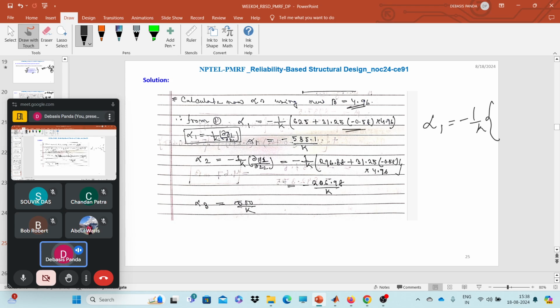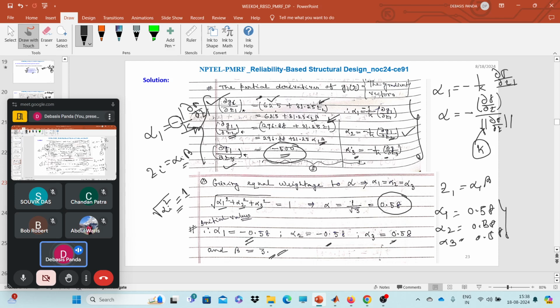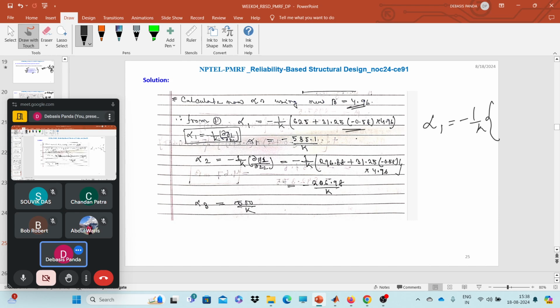This is the first derivative. Here we already have first derivatives of these things. 625 plus 31.2 alpha 2 into beta. Just put those values here. So you will get alpha 1 is equal to this, alpha 2 is equal to this, and alpha 3 is equal to this. Clear up to this?